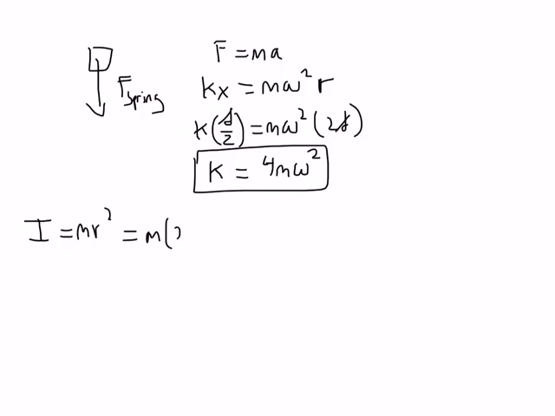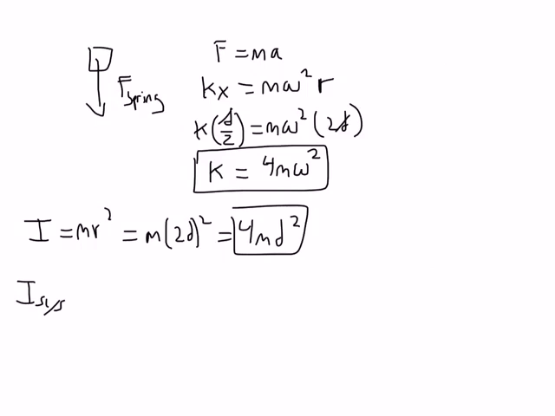Its distance from the center is 2d. So that's your moment of inertia, 4md squared. Right, that one's pretty straightforward, I think, as long as you remember the definition of what moment of inertia is for points.